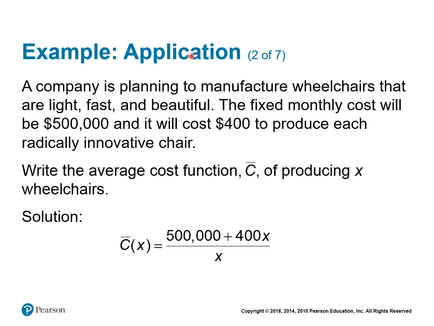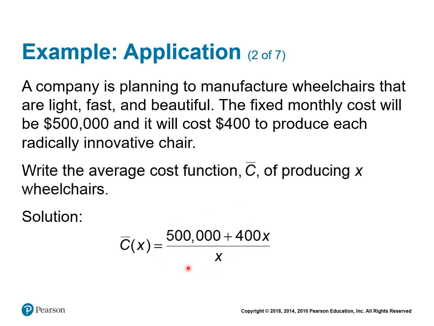So the way we find average is you add up all the numbers and then divide it by the total amount of numbers that we have, right? So here, because they are asking us to find the average cost and not just the cost, we have to divide it by the total number of wheelchairs produced. So the average cost equation is going to look like 500,000 plus 400 times x divided by x.